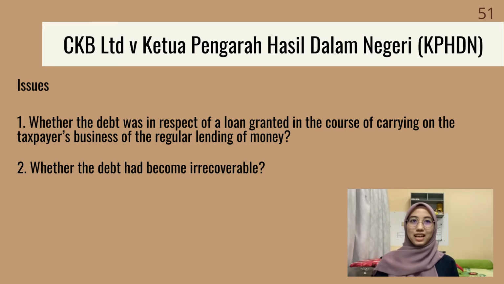So this is the example case related to Section 34(3), CKB Limited versus Ketua Pengarah Hasil Dalam Negeri. The first issue is whether the debt was in respect of a loan granted in the course of carrying on the taxpayer's business of the regular lending of money, and the second issue is whether the debt had become irrecoverable.